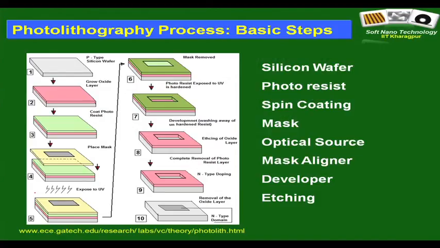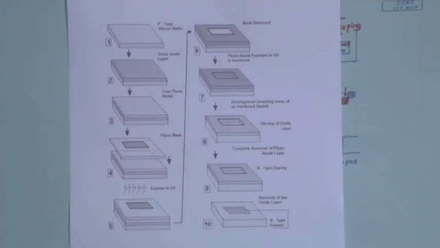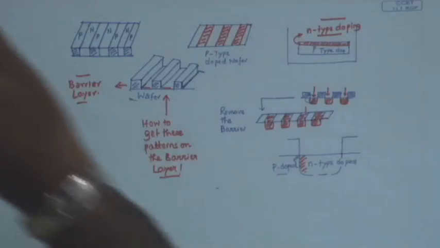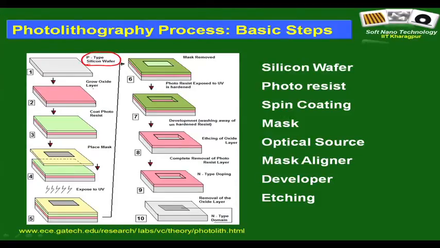You start off with a sort of a copy of the same thing which I will be using here. You start off with a p-type doped wafer, as I already mentioned. Then you grow an oxide layer on top of it. If you remember, in one of the earlier classes while talking about spreading coefficient I gave the example that silicon has very high surface energy.